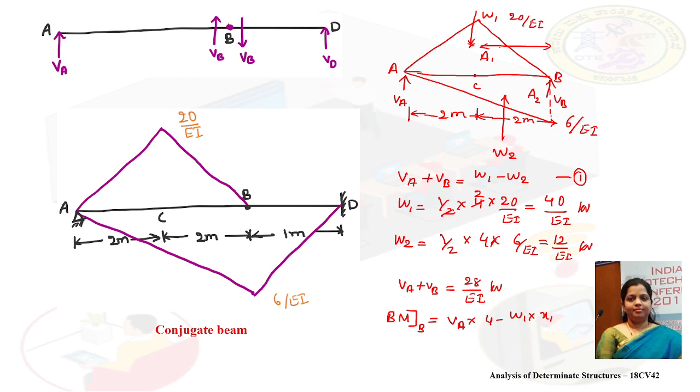Let me call this as X1. This one will be equal to 2 meter. Let me call this as X2. This X2 will be 1/3 of 4 meter. It works out to be 1.33 meter, plus W2 into X2.